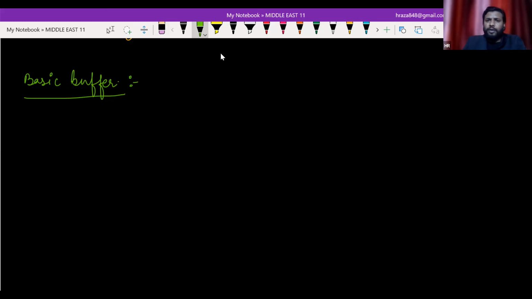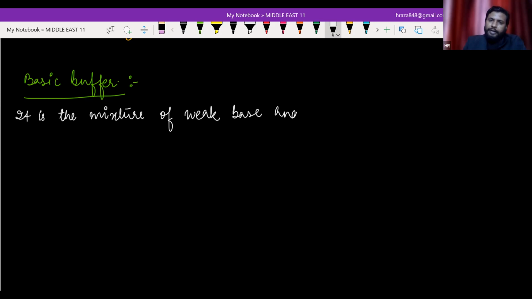In the same way, we are going to define basic buffer. It is the mixture of weak base, this is basic buffer, that's why we are taking weak base, and its conjugate acid.